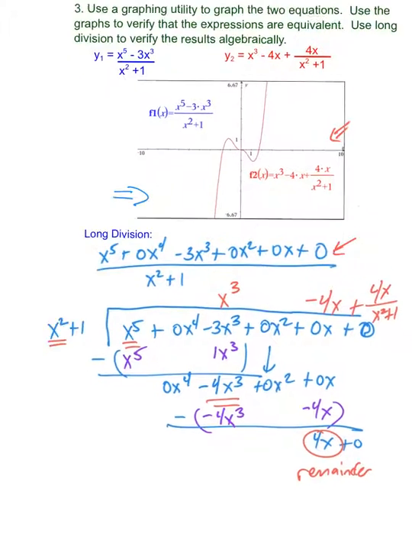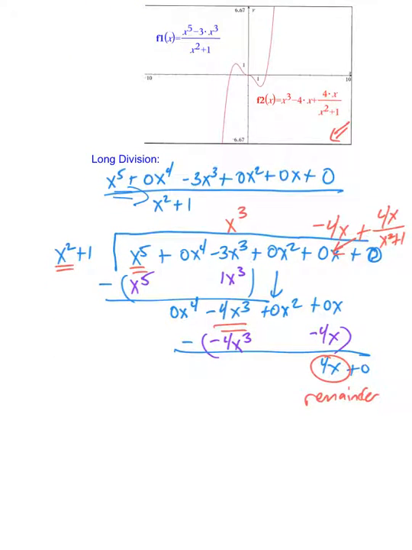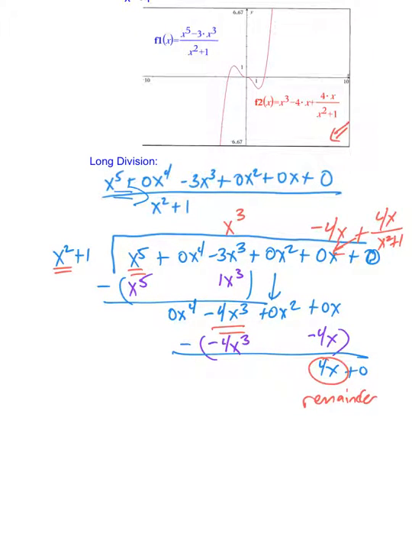So what we've shown, in effect, is that what we started with, which was x to the fifth minus 3x cubed over x squared plus 1, is equal to x cubed minus 4x plus 4x over x squared plus 1.